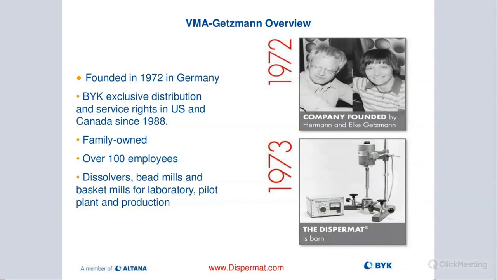And they were asking if there would be any way that they could purchase these models. So that's when the former CEO at BIC made a decision that he would bring the VMA Getzman product line into the BitGardener product portfolio. So since 1988, we have become the exclusive distributor for VMA Getzman disper mats in North America. So that's a quick background about the relationship between BIC and VMA.